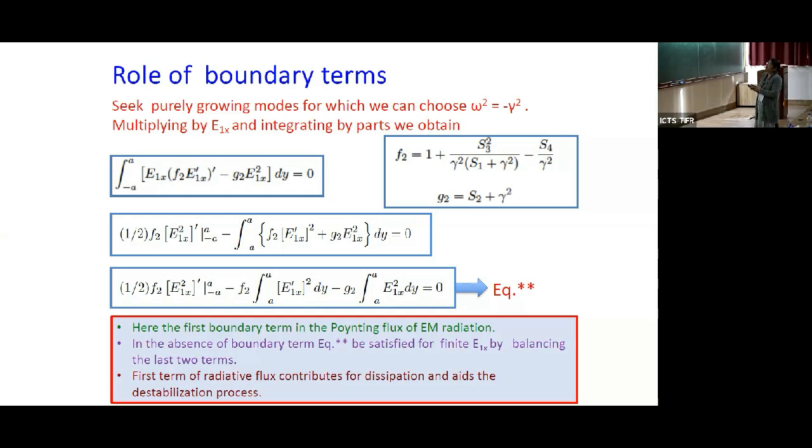So that can happen if this term S4, which was proportional to current, in fact dominates over this, and this has a negative sign and this has a positive sign, and they balance each other. So for balancing, you should have shorter structures here. If F2 is very small, you will require that the derivatives are higher.